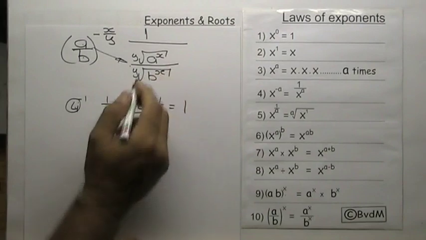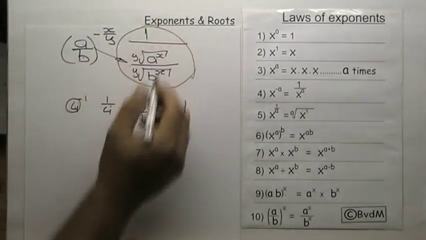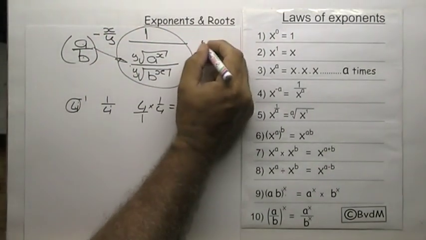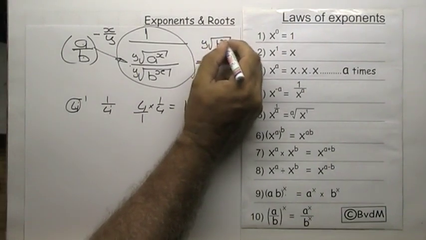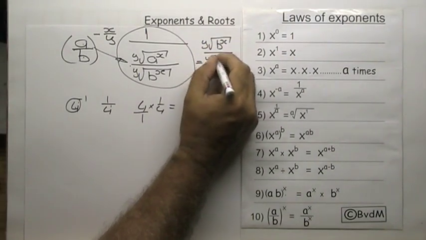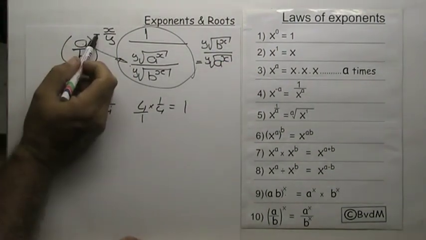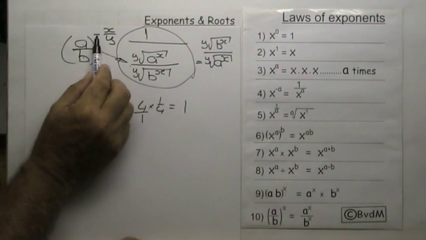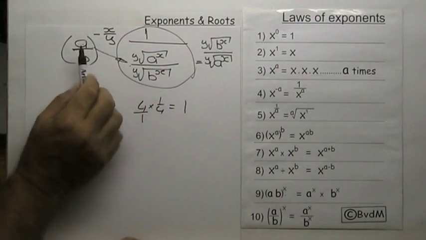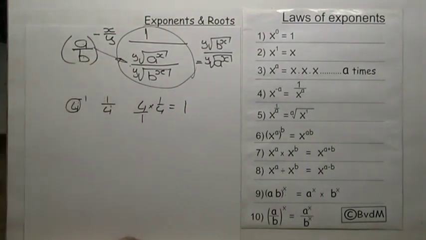Now when I've multiplied this whole thing out, I'm going to get the yth root of b to the x over the yth root of a to the x. So please, when you see a minus there, you've got a negative exponent and you've got a fraction, just turn them around and get rid of the minus.